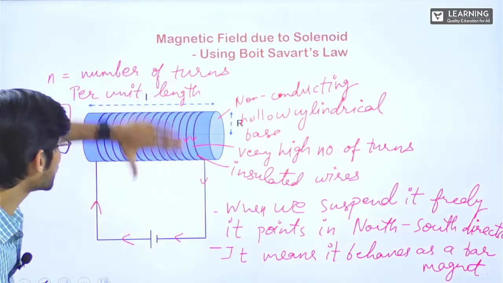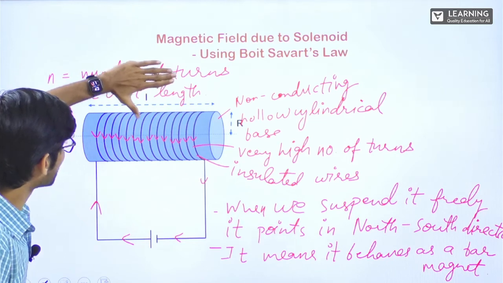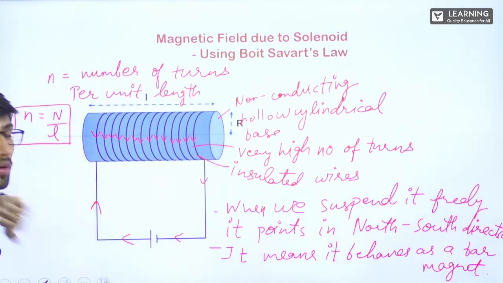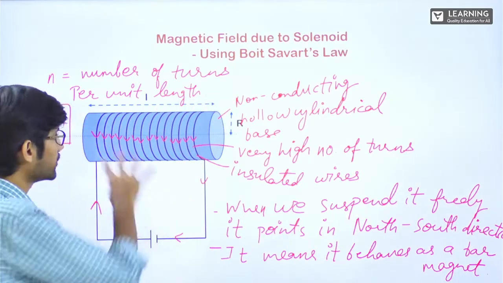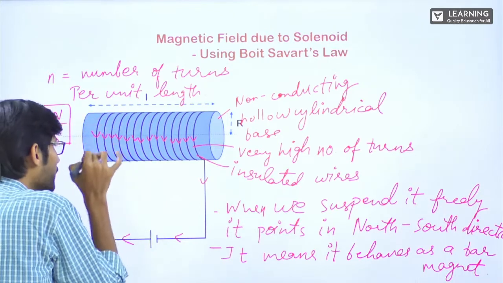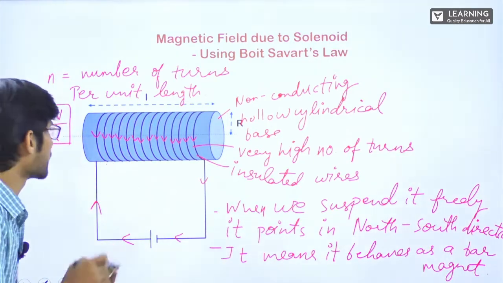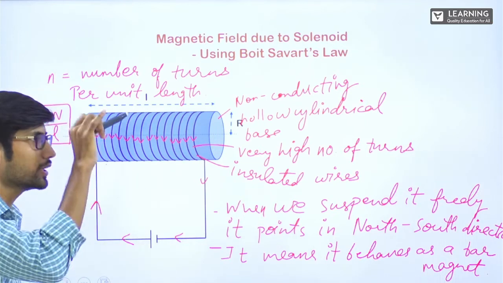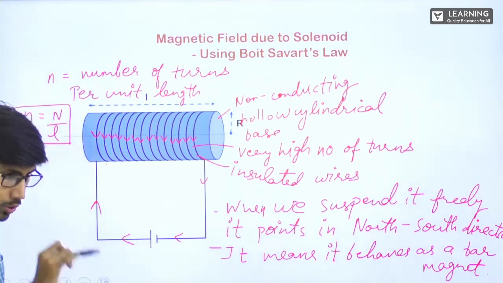If I cut it vertically like this, from here I take a knife and cut it, obviously this part will be removed, so these wires you will not see. You will be seeing a current which is coming out from here and going inside here. In this circular loop, the current is coming out from the top and going inside at the bottom.